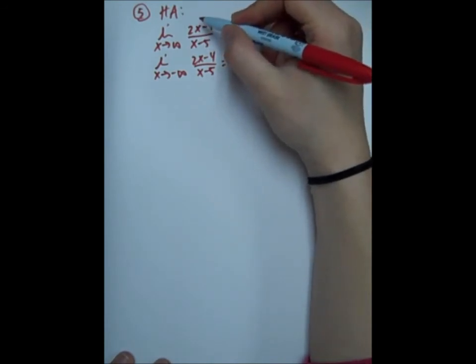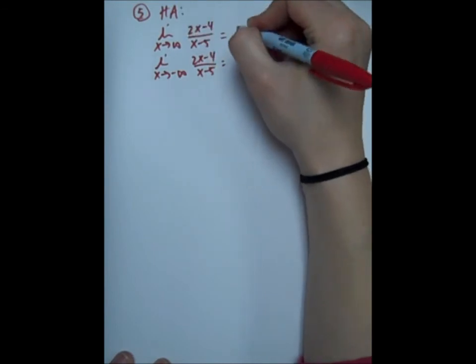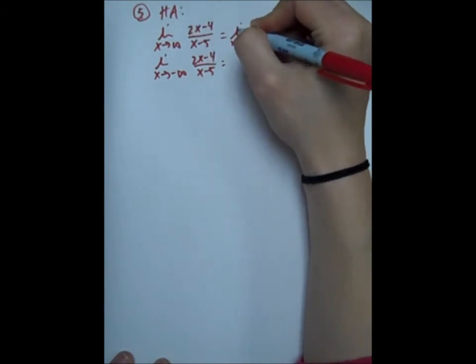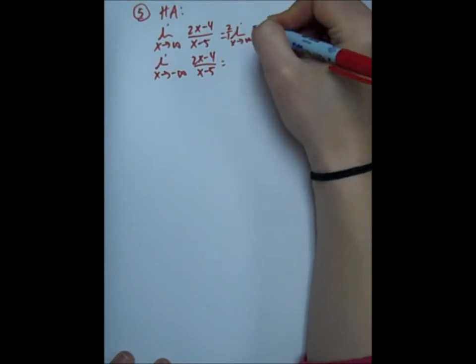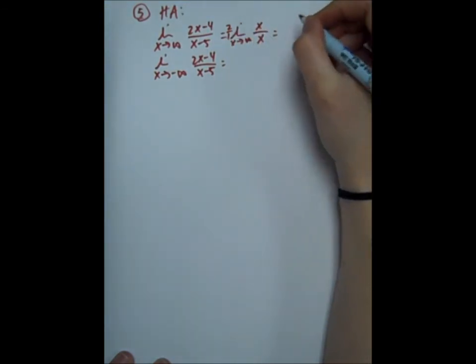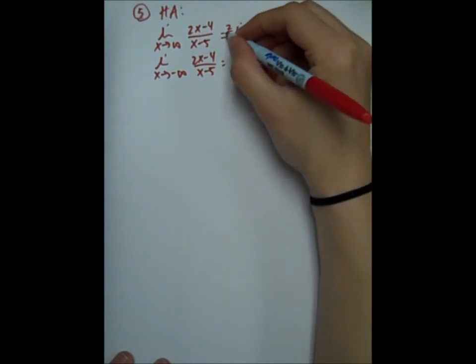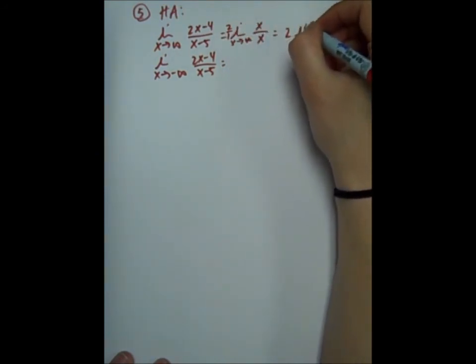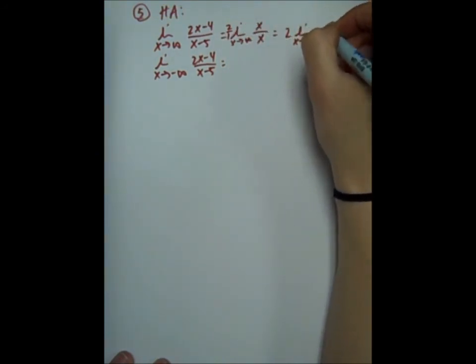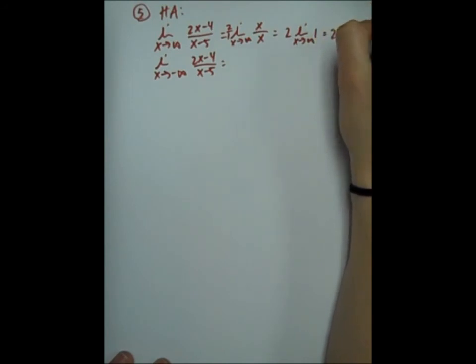Remember when we were doing limits, we would take out the coefficients. The coefficients here are 2 and 1, and just leave our highest powered terms. So this is 2 times the limit as x approaches infinity of 1, which is 2 times 1, so 2.